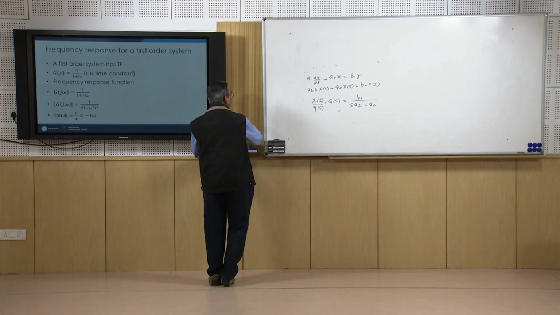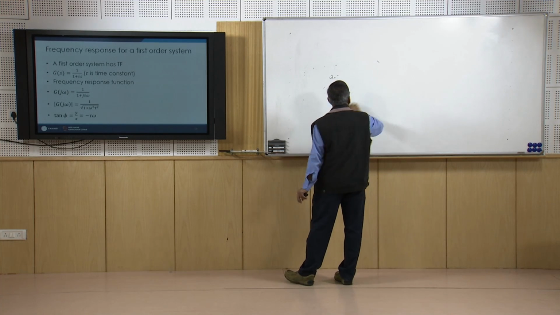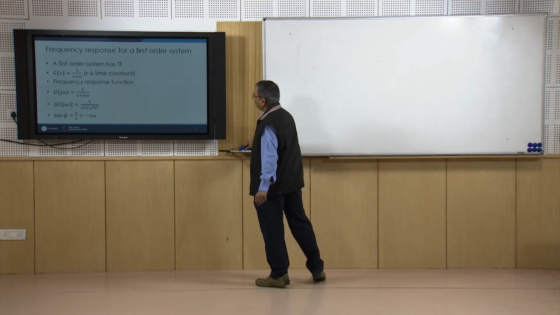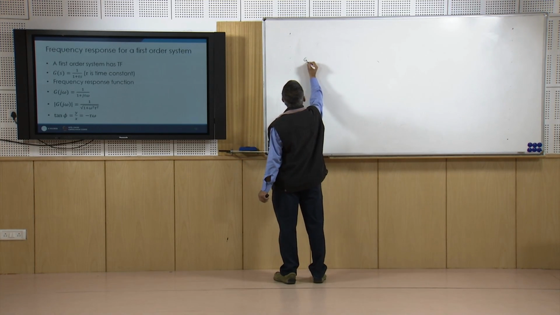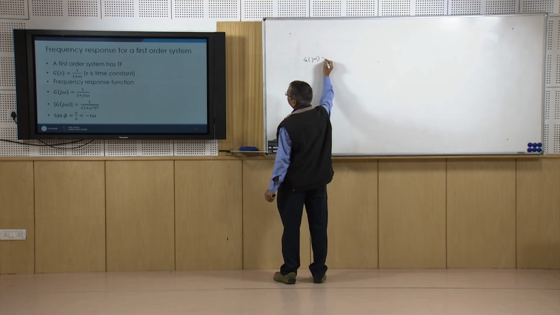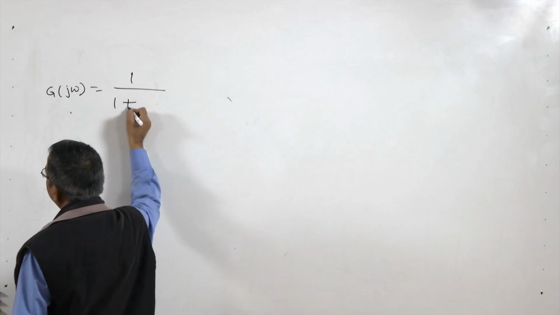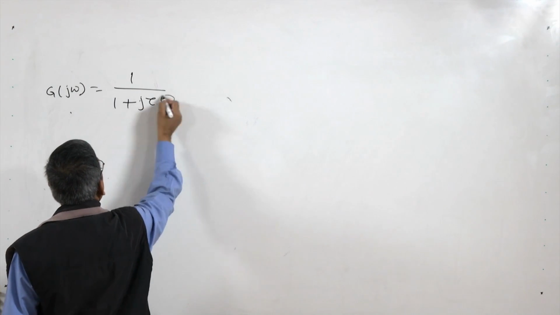It can be explained simply. These are just small mathematical operations, and through those operations we can get that. So we have G(j omega) is equal to 1 by 1 plus j tau omega.